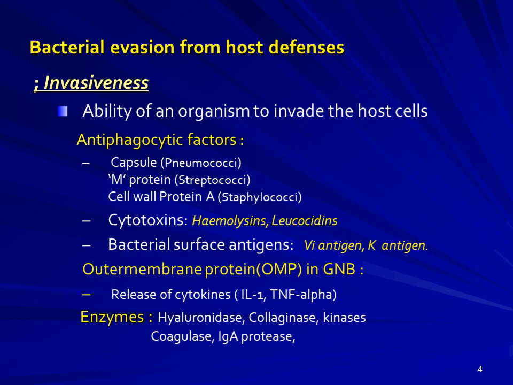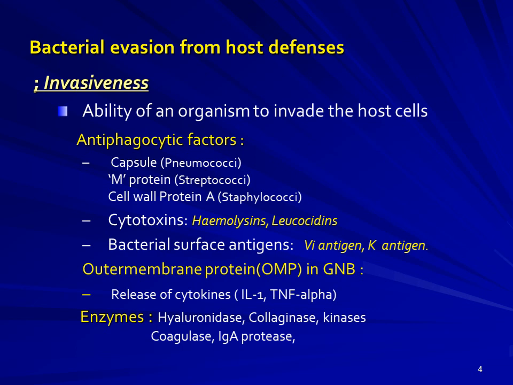Some cytotoxins like hemolysins and leukocidins produced by the bacteria are also responsible for invasion. Certain bacterial surface antigens like the Vi antigen seen on Salmonella species and the K antigen present on members of the Enterobacteriaceae family also act as antiphagocytic factors, so they can escape from the immune system of the host.